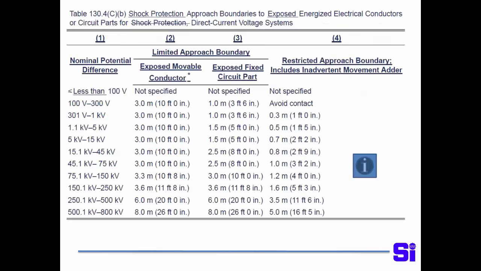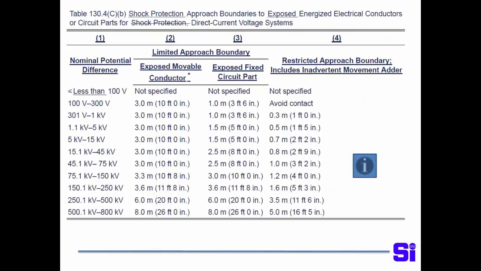That's a problem. Here's Table 130.4(C)(B), which will be (D)(B) in the new edition, I think. We struck out the symbol for less than, and we put in the verbiage "less than," because we feel that that'll make it more understandable. But less than 100 volts is a problem.